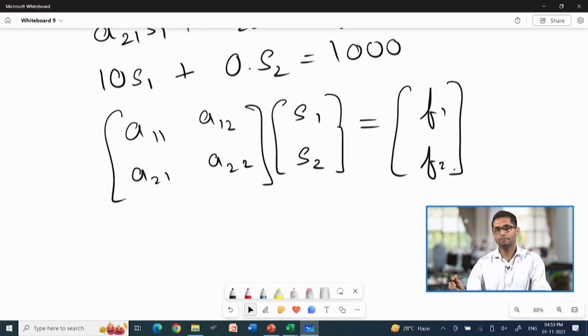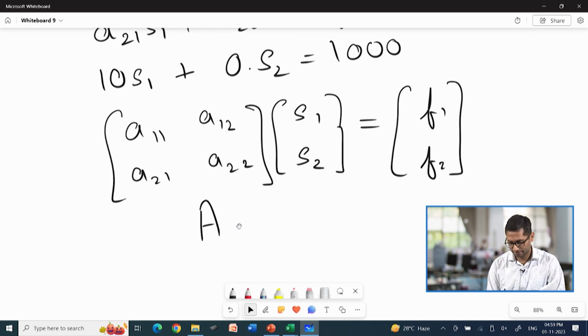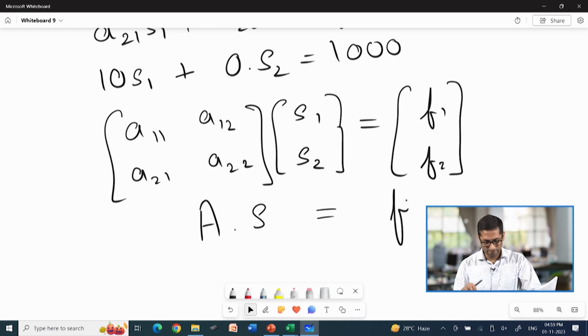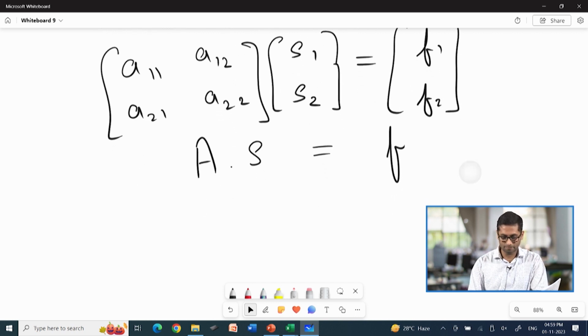For the current problem, we would have F1 equal to 0 and F2 equal to 1000, and the notation that we have put in is the A matrix multiplied by the scaling matrix leading to the function unit.